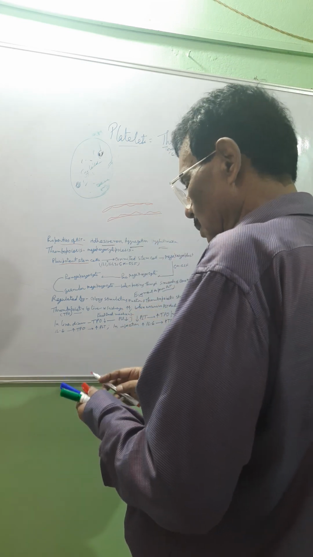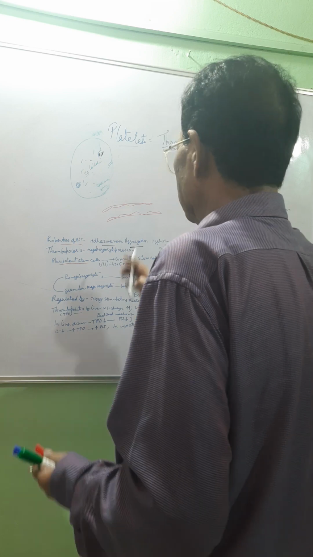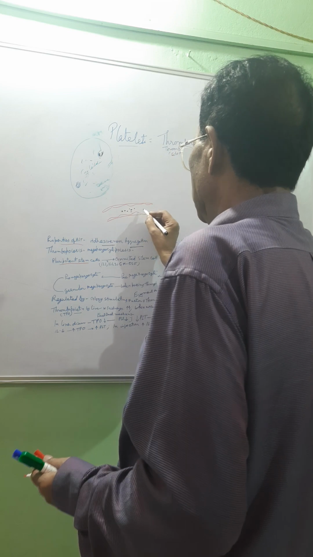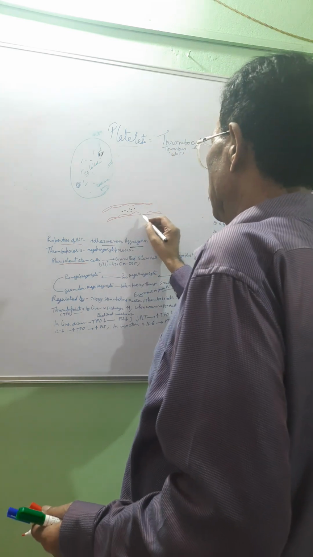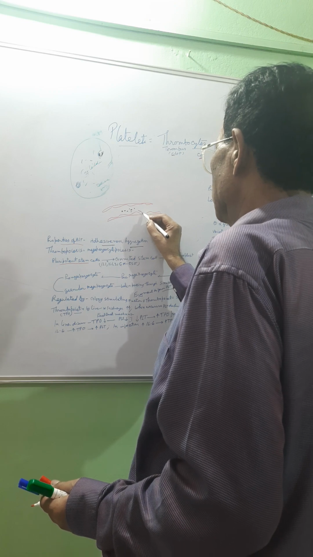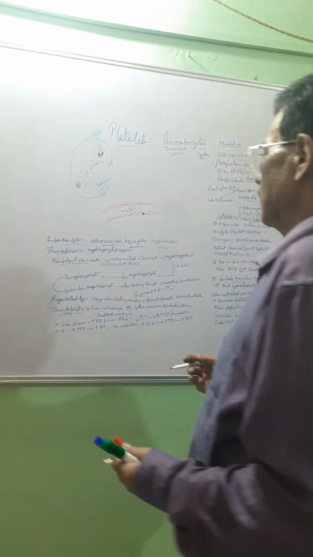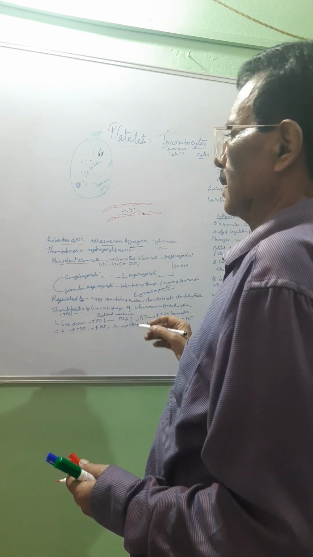Platelets moving in the blood are attracted by the collagen fibers and come here. They become activated. This is adhesiveness.